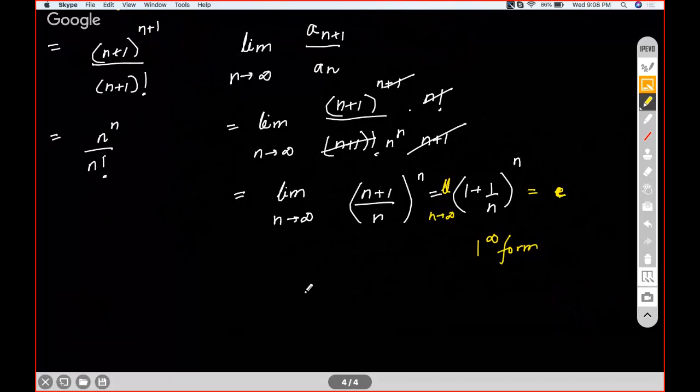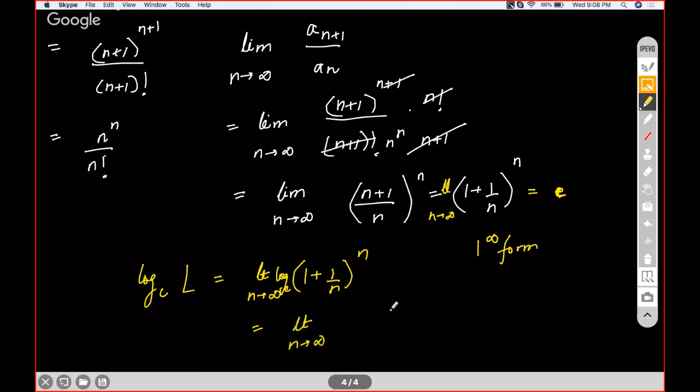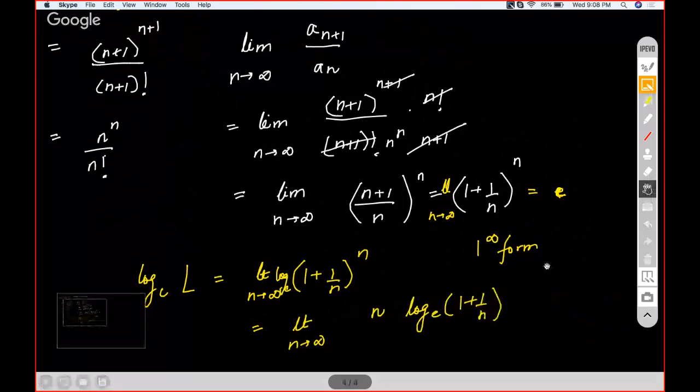In this case, we consider this limit to be L, and we take a log on both sides. Let's take log to the base e on both sides. So this becomes limit n tending to infinity of n log(1 + 1/n). Now we take 1/n as, let's say, y.